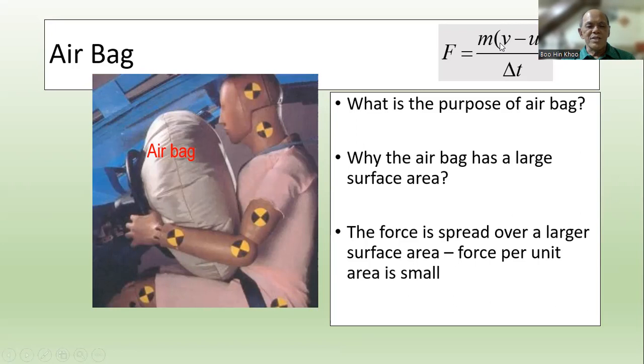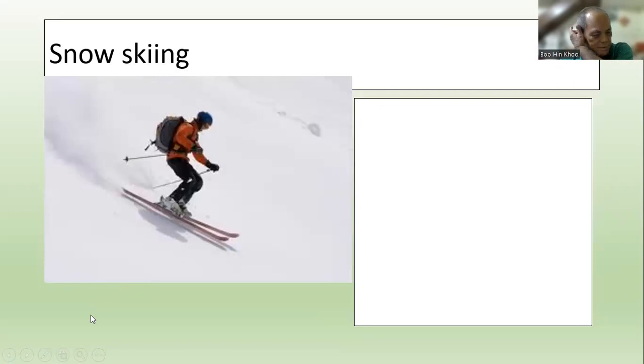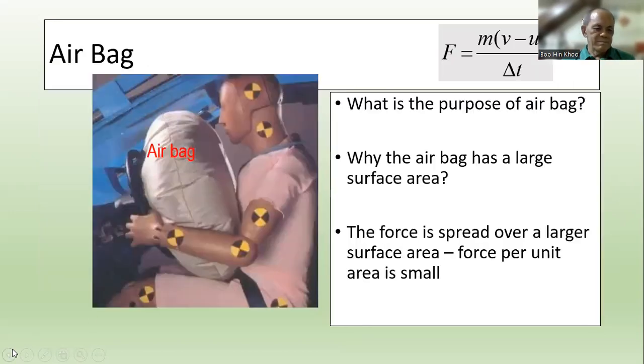In a car accident, you cannot control the initial velocity because that is the velocity you are driving. But you can lengthen the time. Purpose of the airbag, we have said, is to increase the time interval of impact.